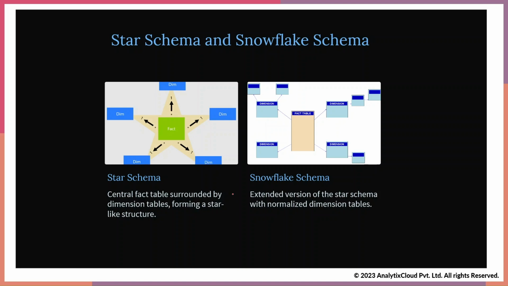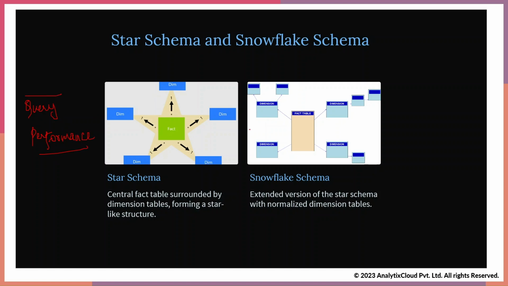Now coming to when to use which, if I'm talking about the star schema, you should use the star schema where you are more particular about query performance. Why am I saying that?